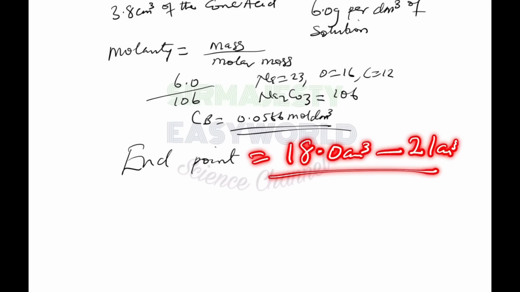A student will be getting 18, another student will be getting 21. That is very far apart. One of them must be wrong, or both of them might be wrong, depending on the teacher's report. So remember, this variation is because of the strength of the acid H2SO4, though it's a bit stable, and again the accuracy of the burette and the pipette you are using.